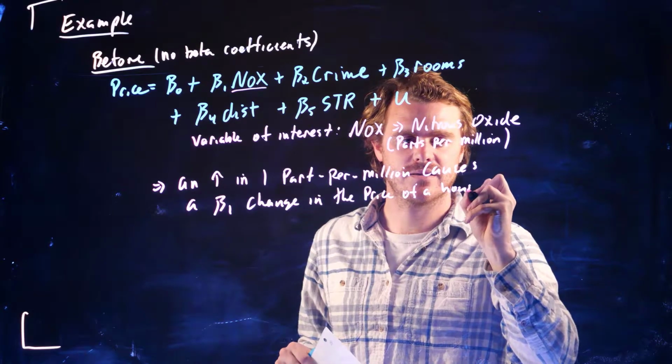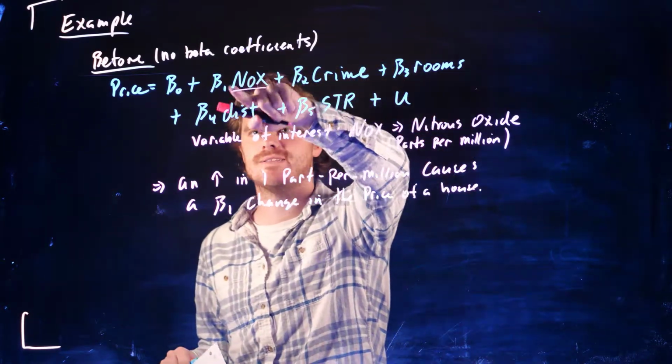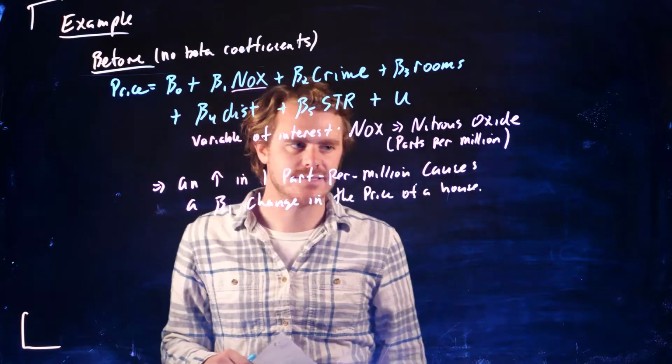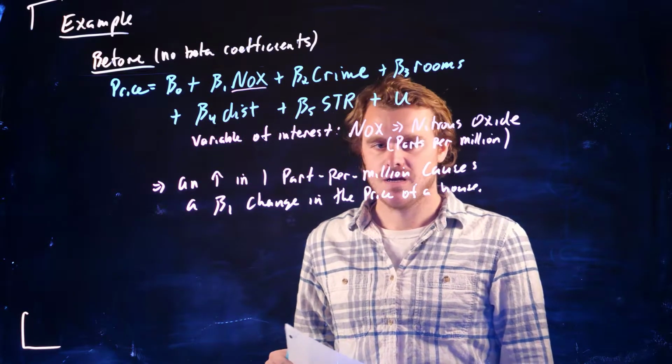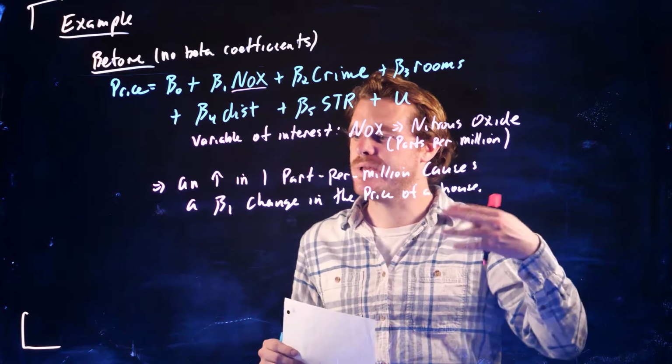So this is like the population one, right? It's not an estimate, so we can just say it's causing that. It's the real effect. Okay, so this is how we'd interpret it before.